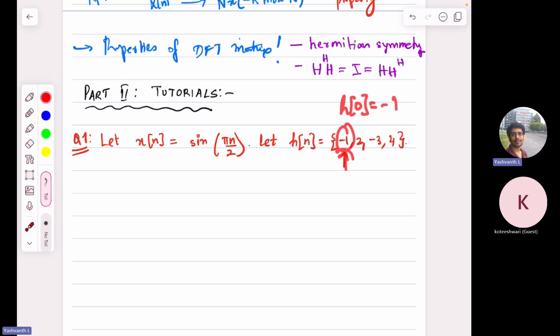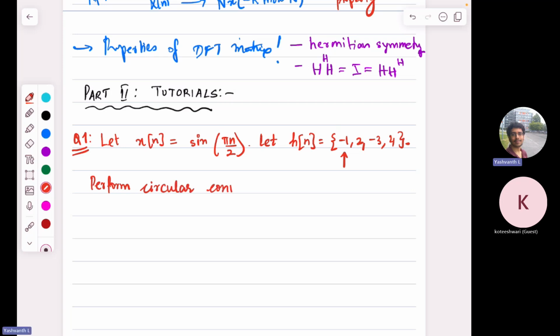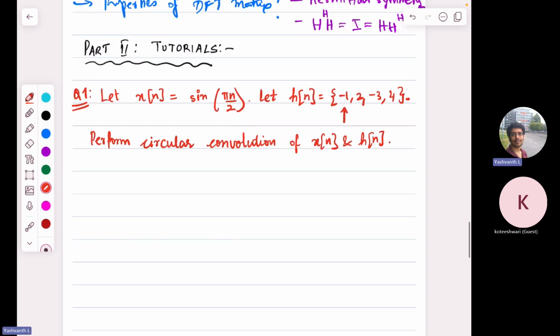That is the meaning of the arrow mark. These are the two signals. Then the question is, perform circular convolution of x of n and h of n. That is the first question.